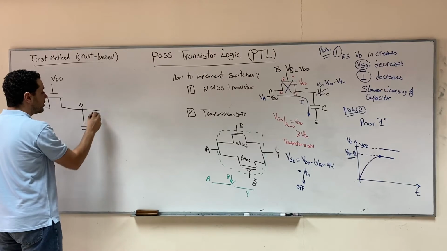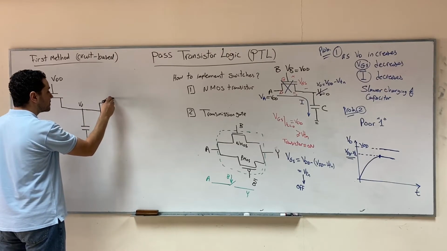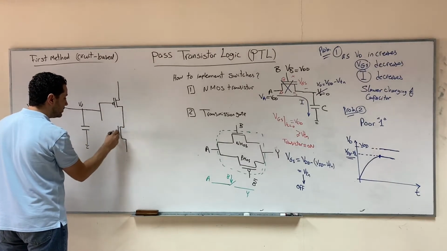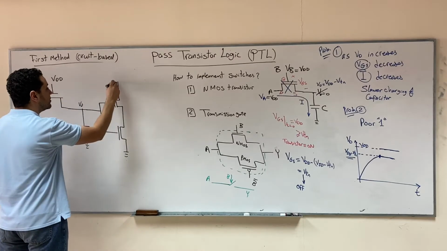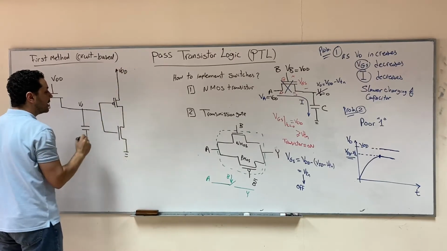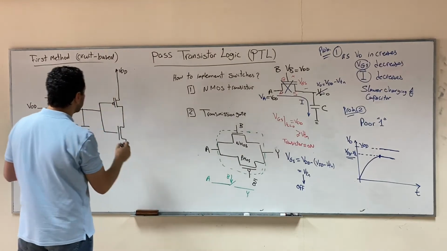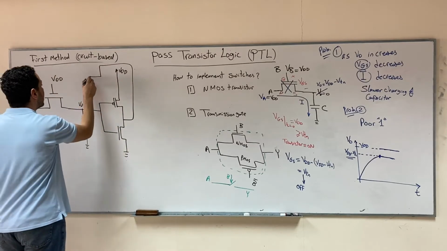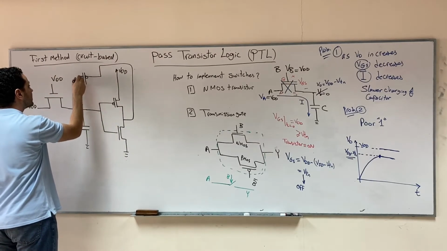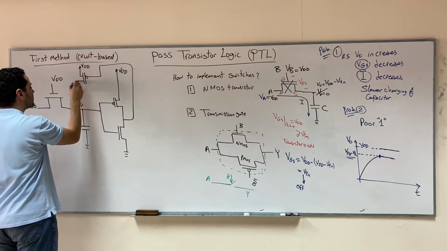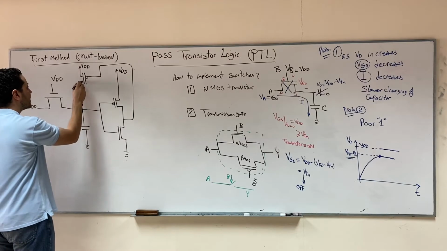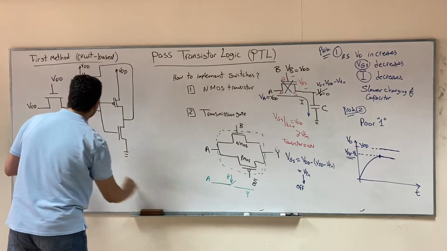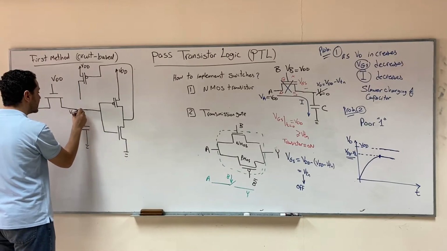What they will do is they will connect here a CMOS inverter with VDD, and then they will take the output of the CMOS inverter and connect it to a PMOS transistor. So let me try to clarify this a little bit. This is our output, V output, this is our capacitance.